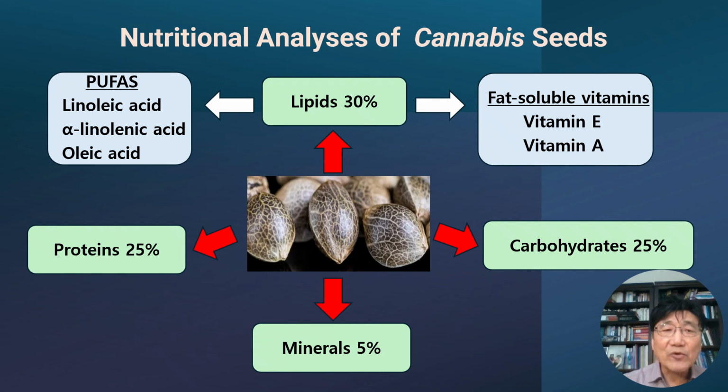Particularly, cannabis seed oil contains all the essential fatty acids to maintain healthy human life. This oil includes linoleic acid, alpha-linolenic acid, and oleic acid. Additionally, seeds store fat-soluble vitamins such as vitamin E and vitamin A.